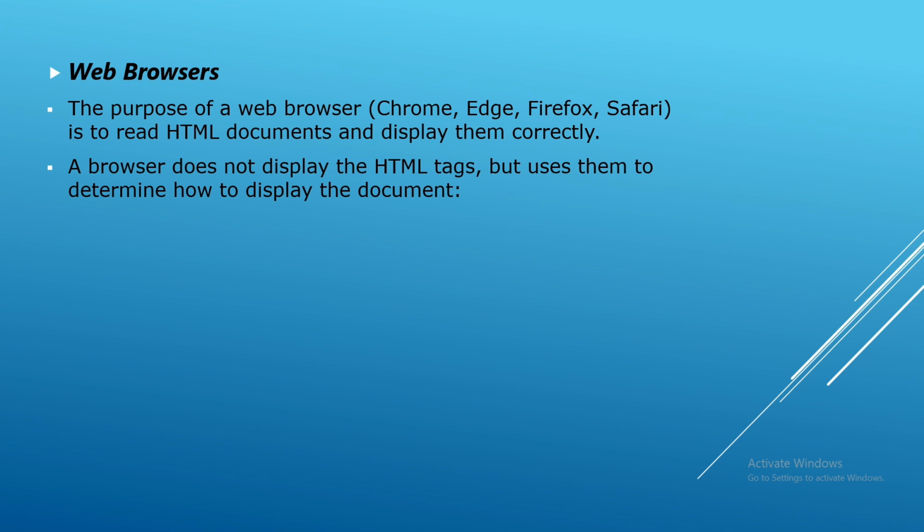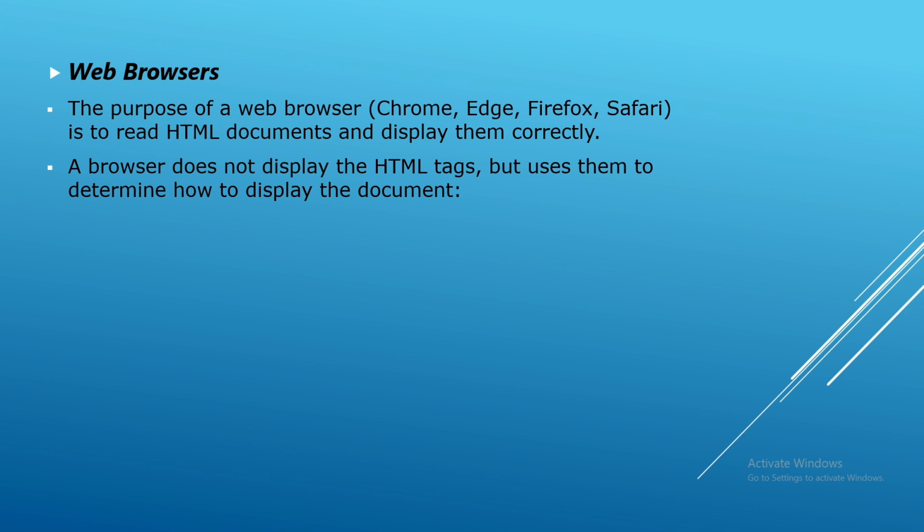The purpose of a web browser like Google Chrome, Microsoft Edge, Firefox, Safari, in coding is to read our HTML documents and display them correctly.